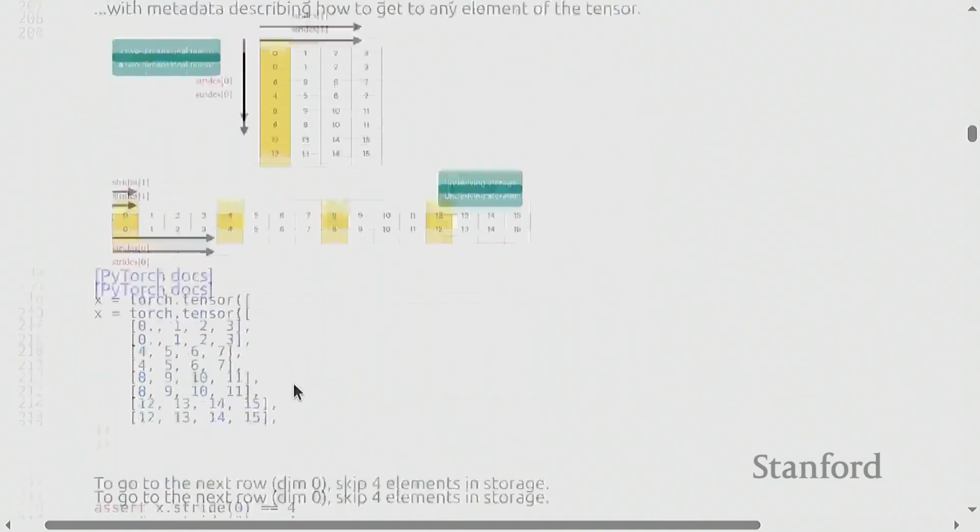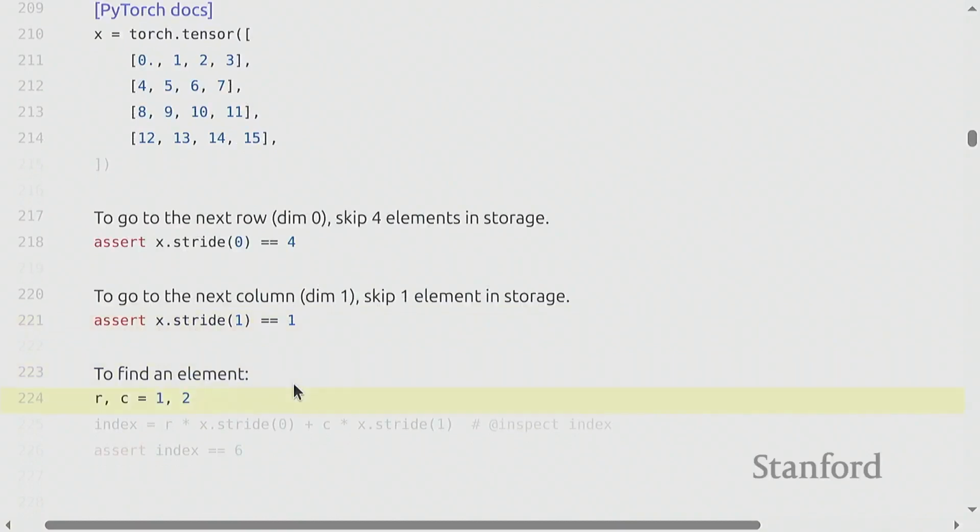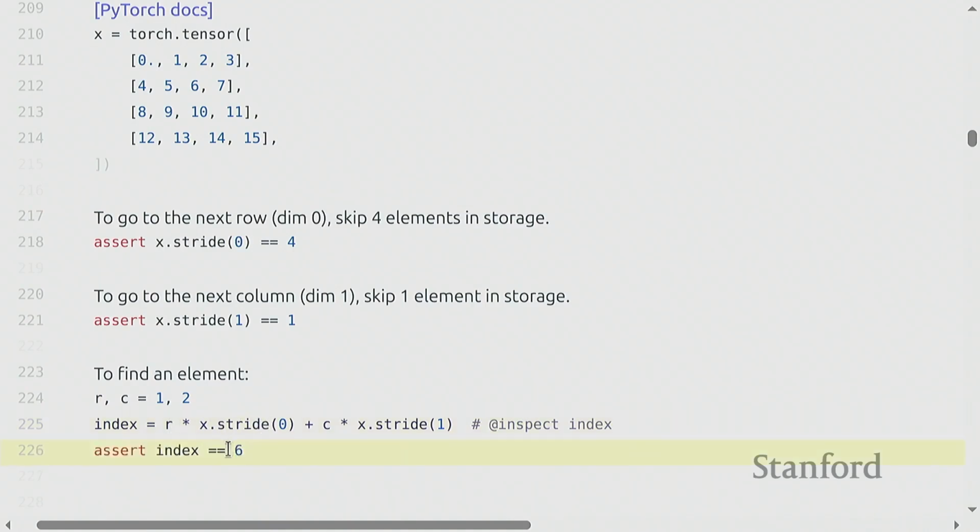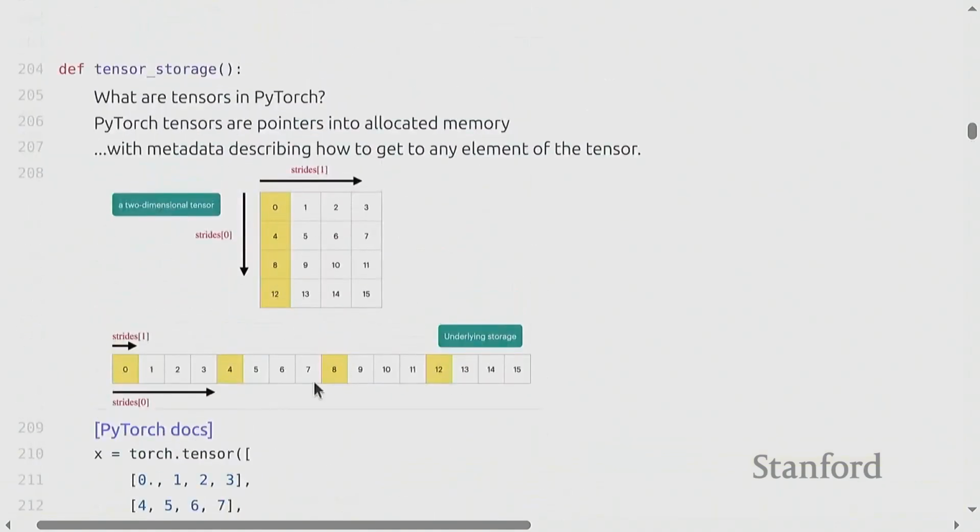With that, to find an element, let's say 1, comma 2, you simply multiply the indexes by the strides, and you get to your index, which is 6 here. So that would be here or here. That's basically what's going on under the hood for tensors.